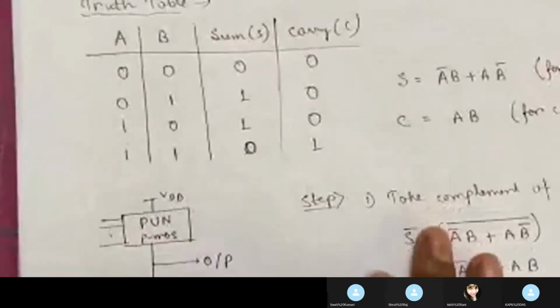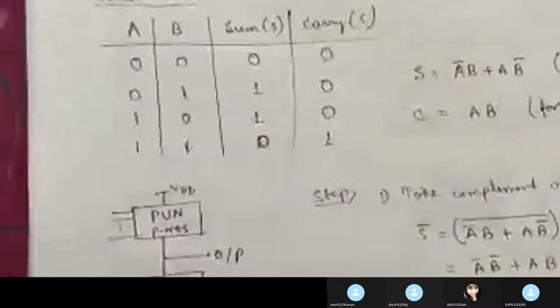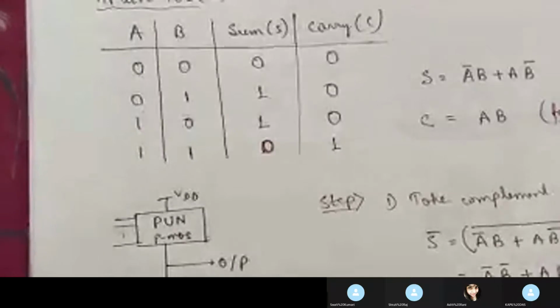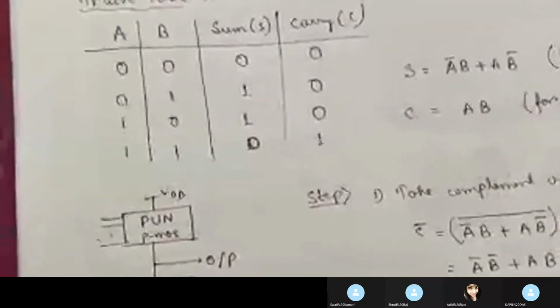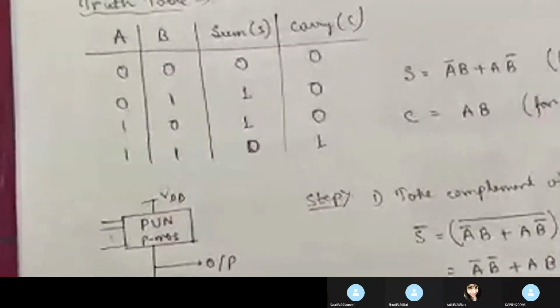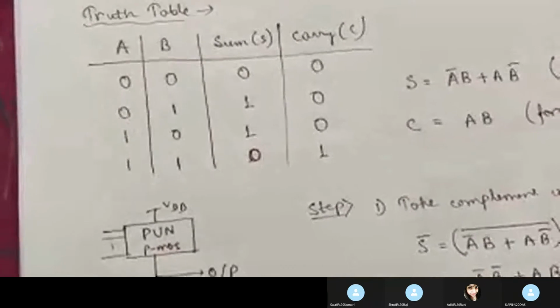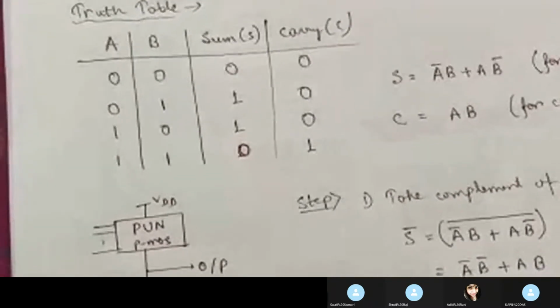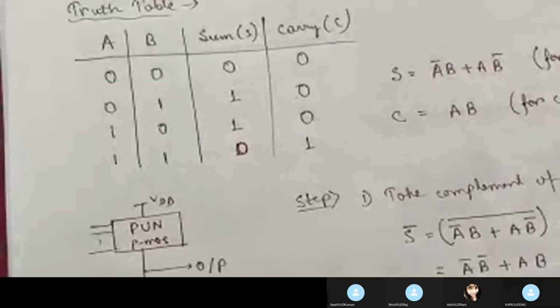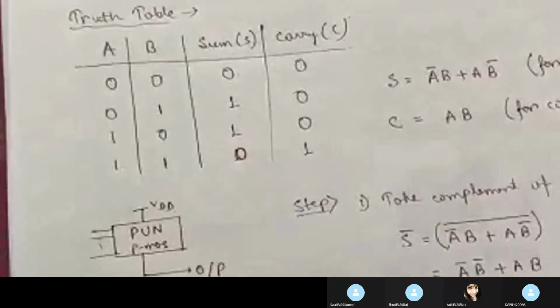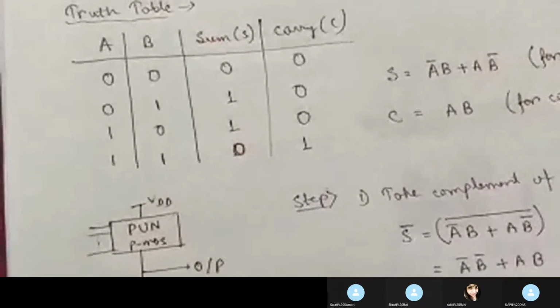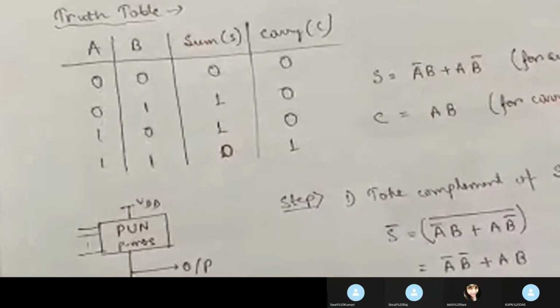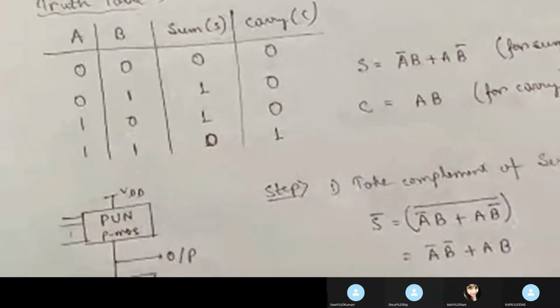So, in today's class, I will start with the half adder circuit using CMOS logic as well as the full adder circuit using CMOS logic. In your digital electronics class, you have already gone through the half adder and the full adder circuit. In case of half adder, we have two inputs and two outputs, one is sum, another one is carry.